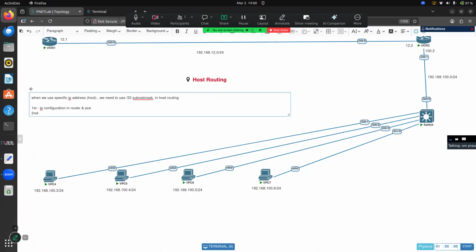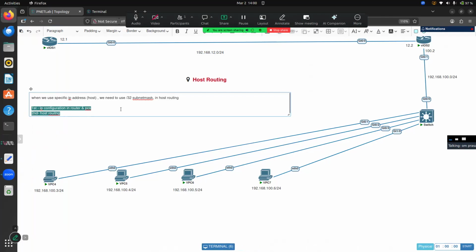Second, I have to configure the host routing on a particular IP address. I'll do the static routing, host routing.